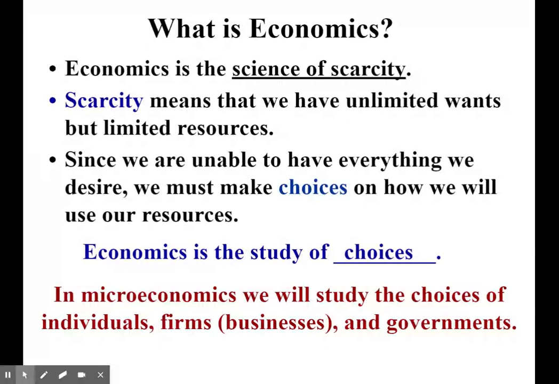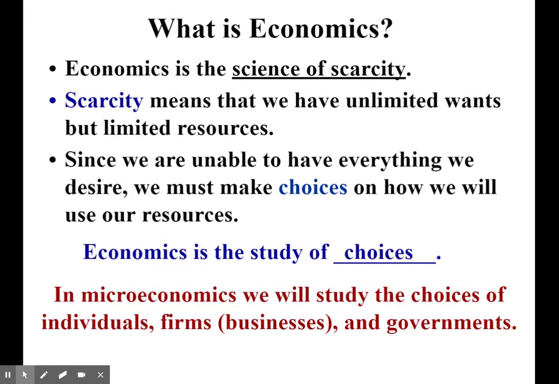So we look at, in microeconomics, the study of choices based on scarcity for individuals, firms, and governments on a small scale level. So we're looking at individual decisions with small scale consequences. So understanding myself as a consumer and the choices that I make, understanding the producer or supplier's perspective and the choices they make.